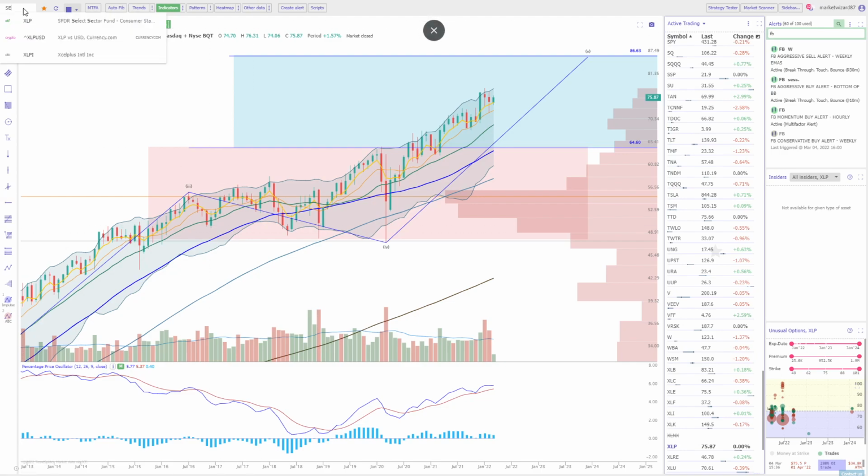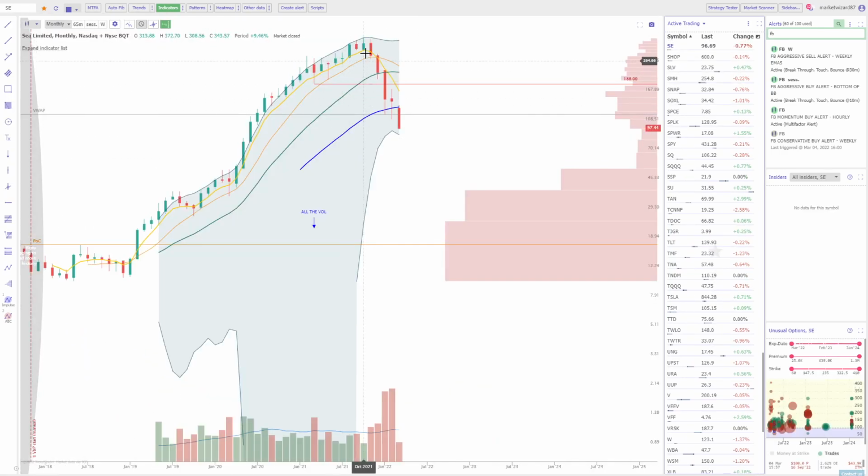I'll show you a couple here, like SE, for example. Accelerate the de-risking in these names, or come to the realization that we're not going to have 15 rate hikes this year after hitting the bottom of the band, and put in something like this.